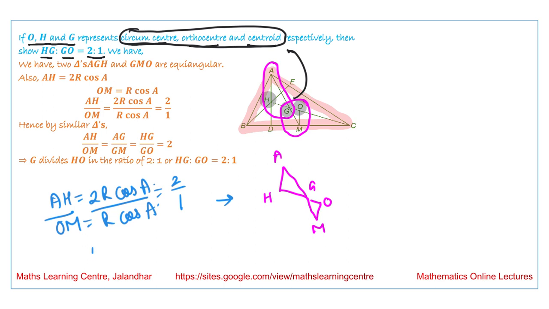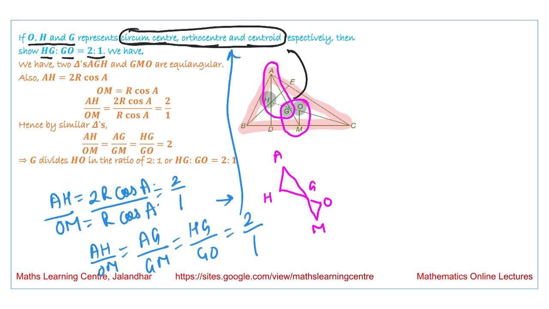So what we are saying is that AH over OM is equal to AG over GM. We can prove this result similarly, and that is equal to HG over GO, which is equal to 2:1, and this is what we have to prove.